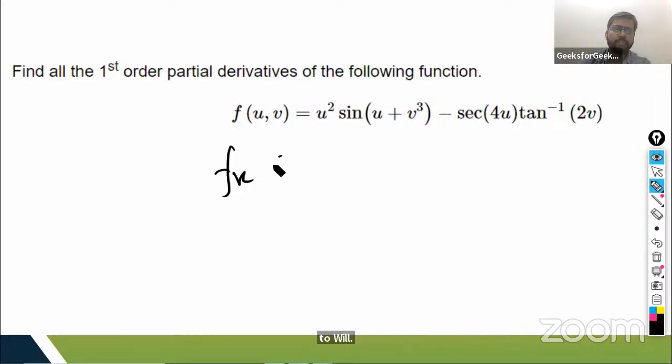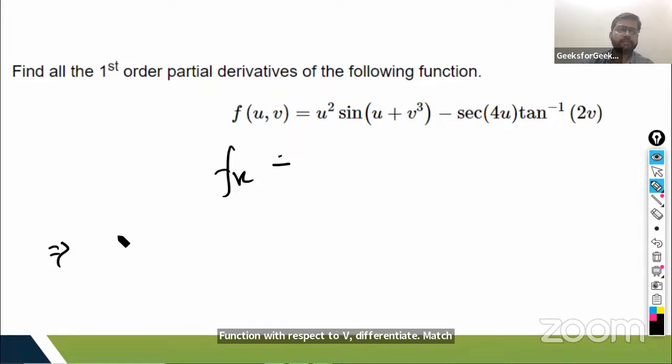Differentiate the function with respect to v. Match your answer with mine. Okay, I'm also doing this.